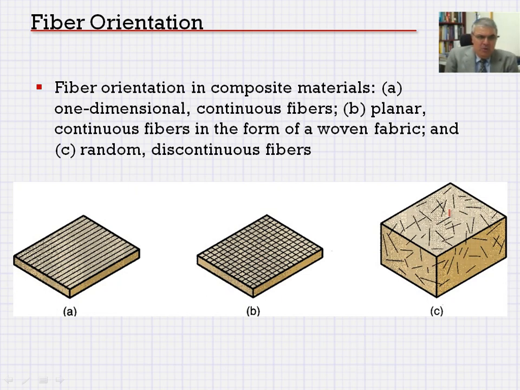So fiber orientations could be one-dimensional, two-dimensional, and discontinuous fiber, as you can see in case C down here. So we can have A, B, and C.